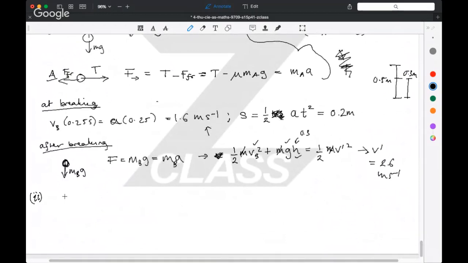So we know the horizontal distance traveled by A at breaking, at 0.25 seconds, has to be the same as B, because they were connected by a string that didn't stretch. So 0.2 meters. And its velocity at that same time was exactly the same as B, because they're traveling as a unit.